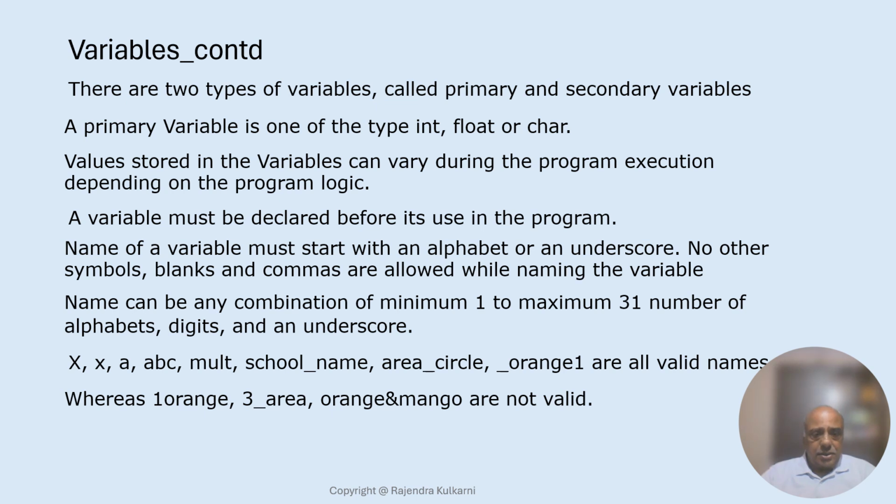Here 1 is not an alphabet. Same thing here, 3 is not an alphabet, so this is not a valid name. It will not be accepted as a valid name by the compiler. In orange and mango, the ampersand is a symbol which is not allowed in constructing a name for a variable.